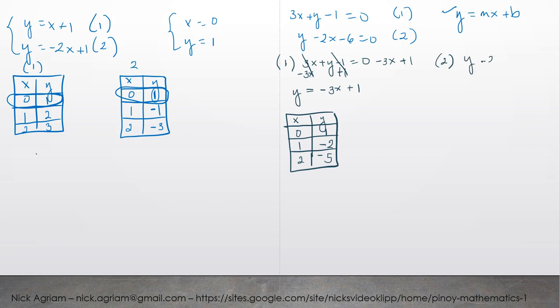y minus 2x minus 6 is equal to 0. So if I will add 2x to both sides of the equation and add 6, sorry, to both sides of the equation, so that this will become 0 and that will become 0, and y is equal to 2x plus 6. And I am ready to do my table also.